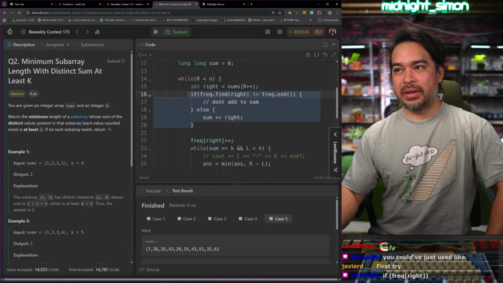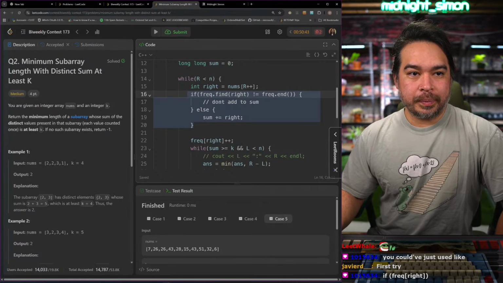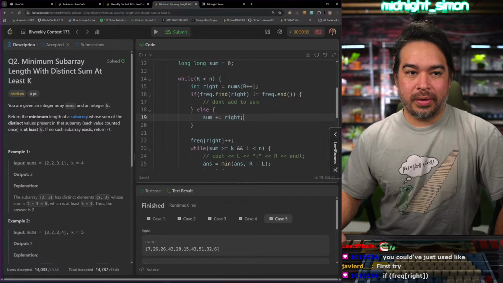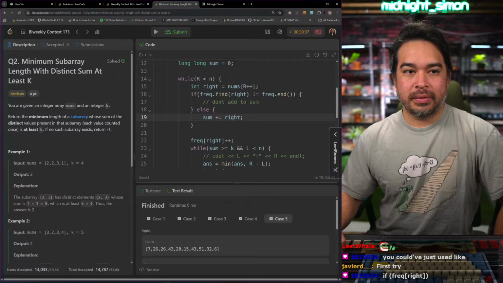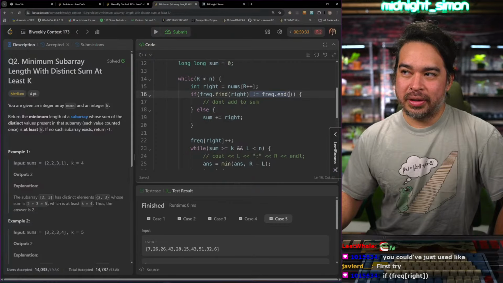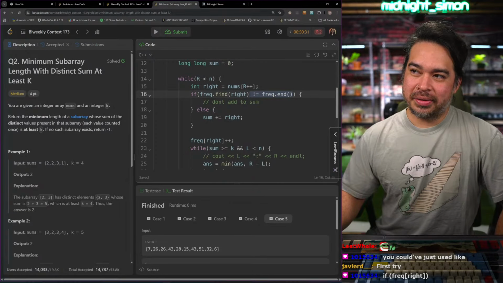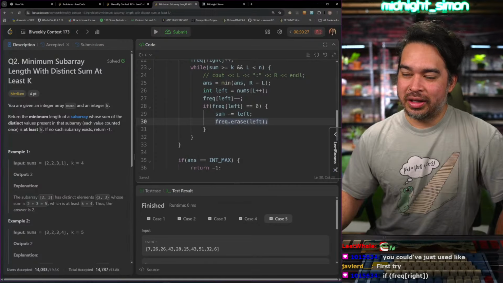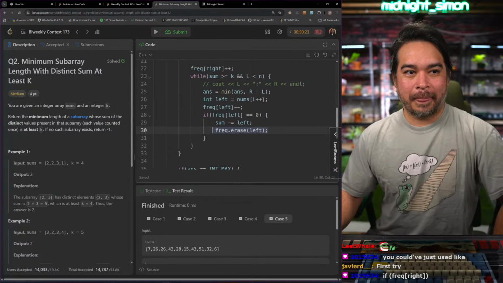If it was erased right, it would have worked. Still kind of weird. I should just have erased it, is really what I should have done.